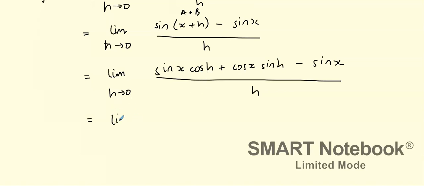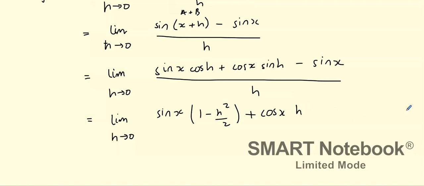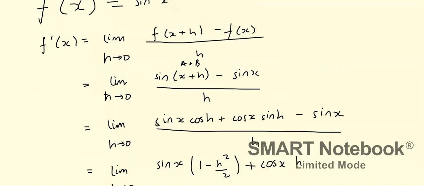Because h is small, approaching 0, sine x stays sine x, I can't change that. Cos h is going to become 1 minus h squared over 2, plus cos x times my sine h, which becomes simply h.